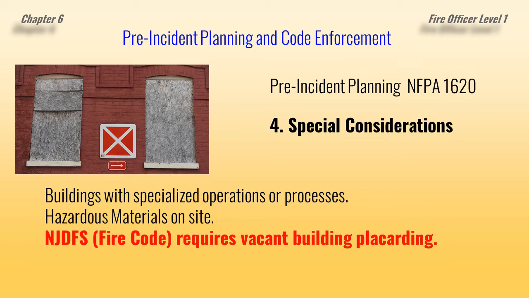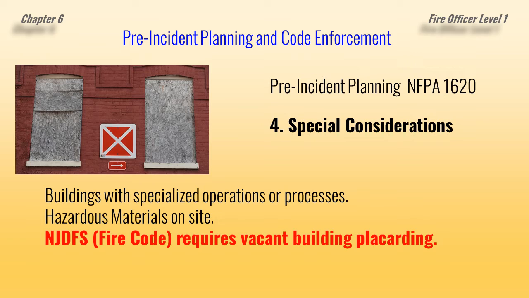Is it a factory building where they produce products and there are some hazardous materials or hazardous processes involved in the manufacture of the products? So again, something that you might want to pre-plan and have on a list of chemicals or a list of operations that are involved in the building, so you can better prepare your members if they respond there.